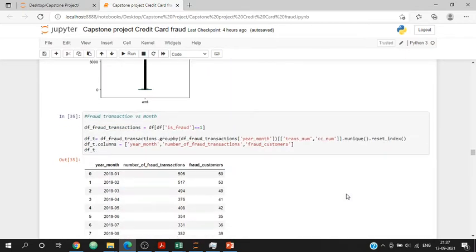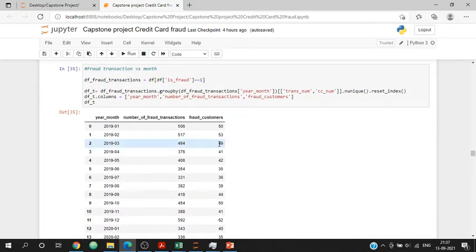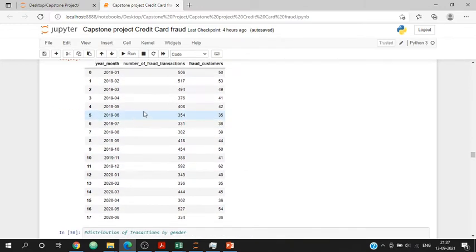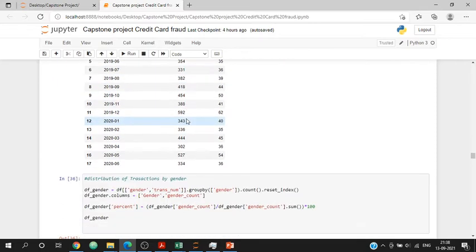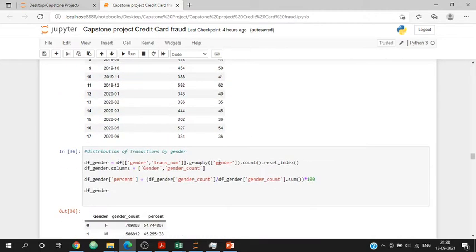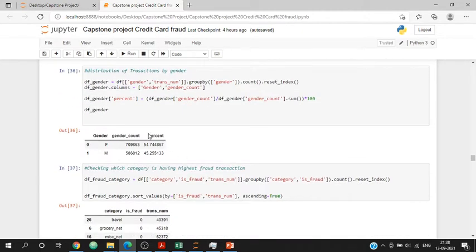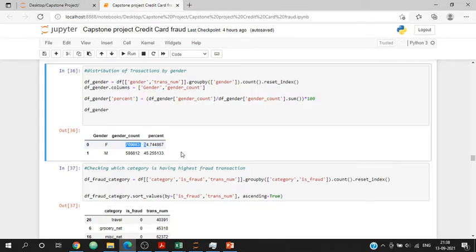After a bit of analysis, I was trying to check the number of fraud transactions per month, the number of fraud customers and fraud transactions. Maybe this data might be useful. And as you can see, the female count is more.